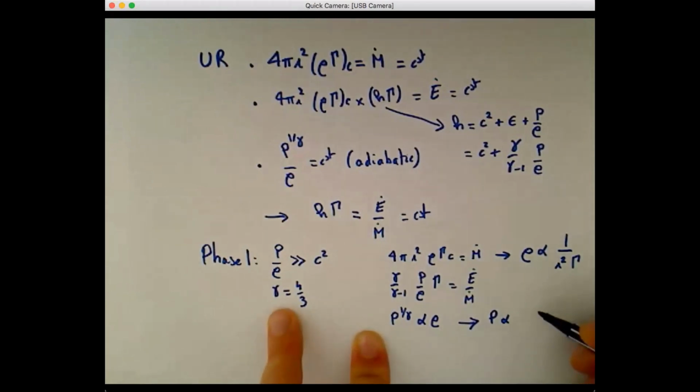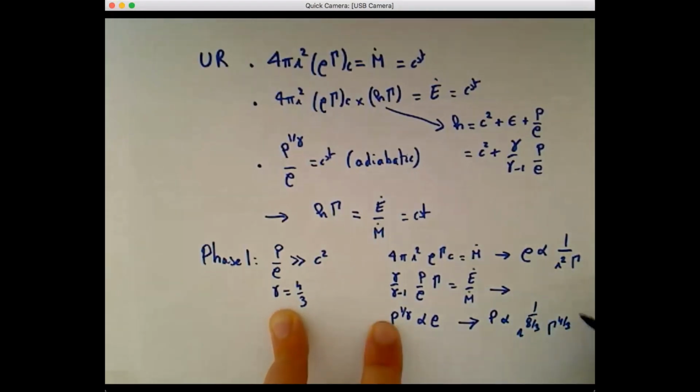And gamma is 4/3, so it's 1 over R squared gamma to the 8/3, and then I can replace here.